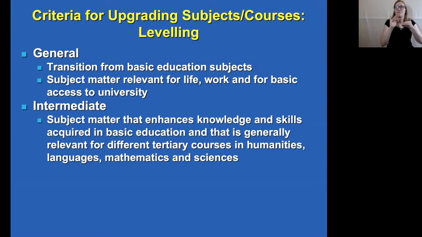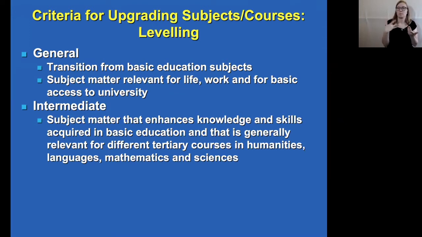The intermediate course, this subject matter enhances knowledge and skills that they've already acquired in basic education, and it's generally relevant for different tertiary courses for accessing humanities or languages, mathematics, and sciences. So intermediate courses tend to be at a more demanding level, and it's geared towards humanities, languages, and mathematics and science courses at university, not necessarily pure maths, for example, or to follow a science degree, but it might be, for example, nursing.